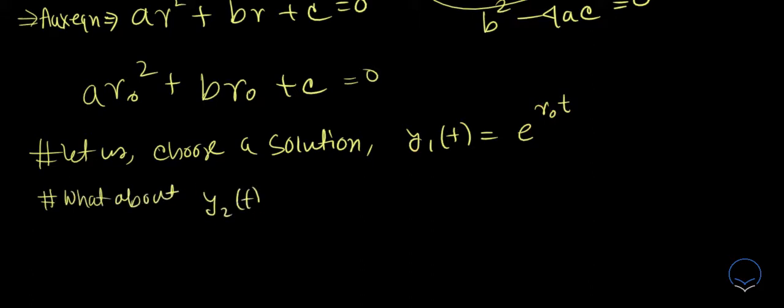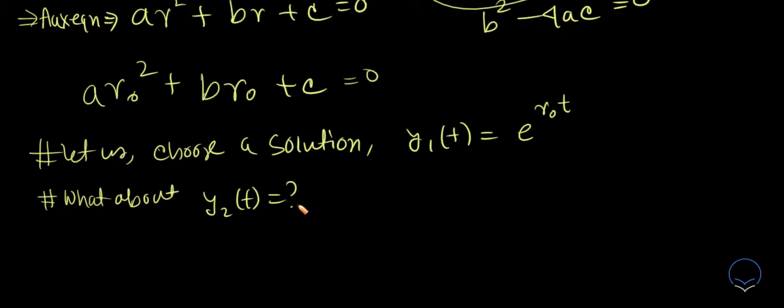y2 of t? Because this is a second order equation, we are supposed to get two linearly independent solutions. The thing that will happen right now is that finding a second one is not simply a constant multiple of y1, because if you remember from our past lectures, if y2 and y1 are independent of each other, they are not simply a scalar multiple of each other.